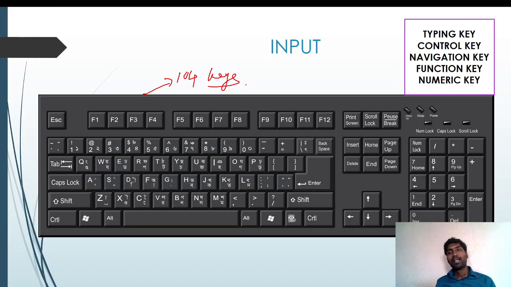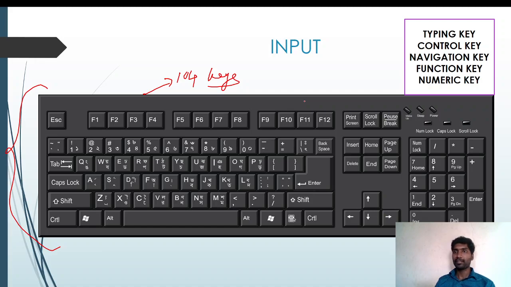But you have to remember always, 104 keys are the basic. And what keys are there in this keyboard? Alphabet keys, number keys, navigation keys, control keys, function keys, correct. These are the types of keys available in a keyboard.